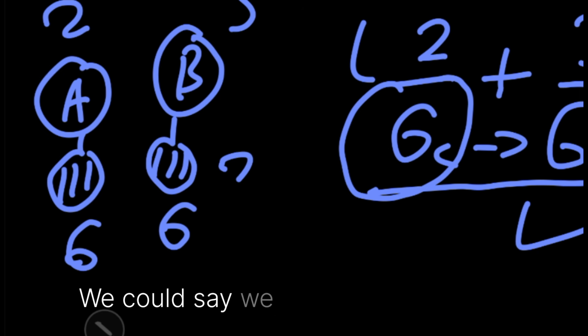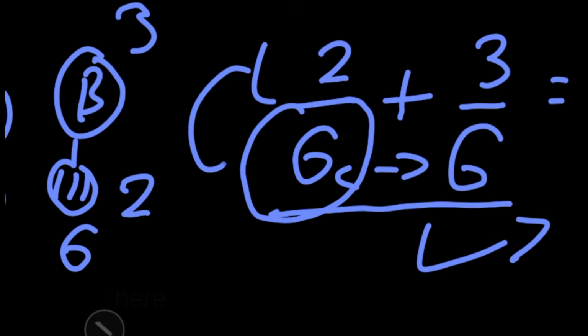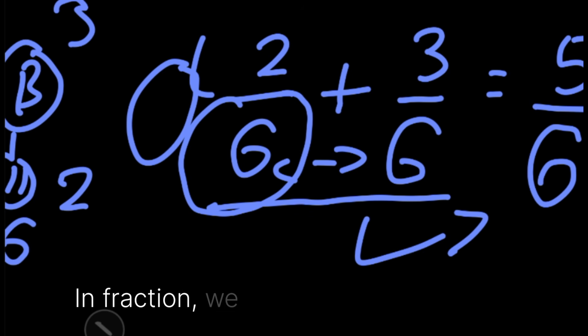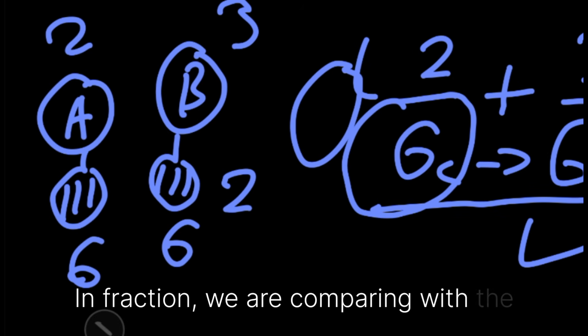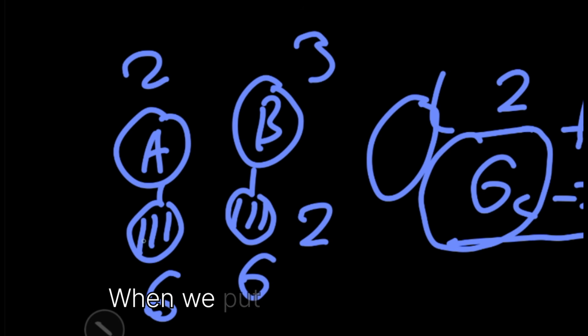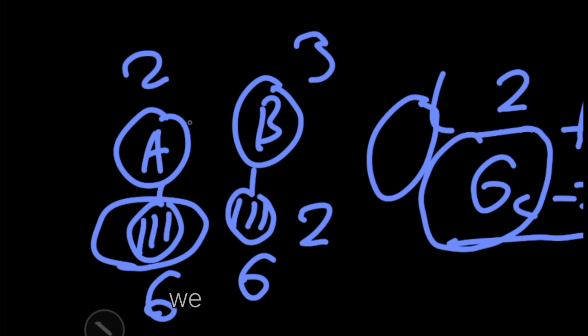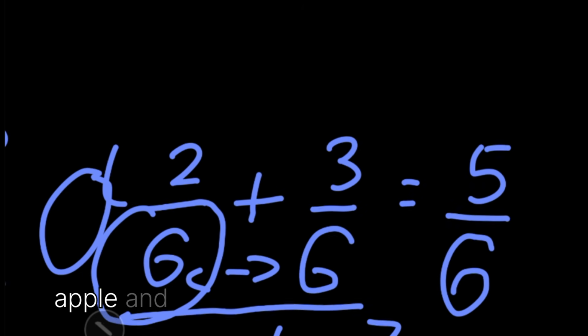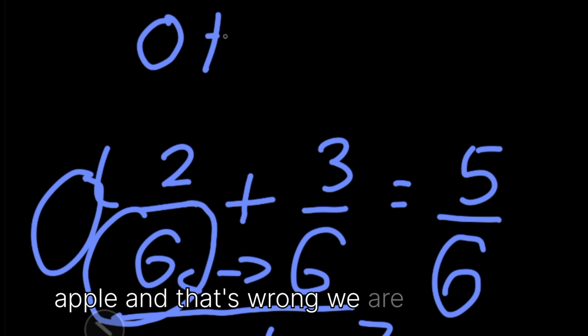We could say we get 2 by 6 pieces in A, and 3 by 6 pieces in B. In fraction, we are comparing with the number that makes a whole. When we put together 6 pieces, we get one whole apple. When we put together 12 pieces, we don't get one whole apple, we get two whole apples. And that's wrong. We are comparing the number with one whole.